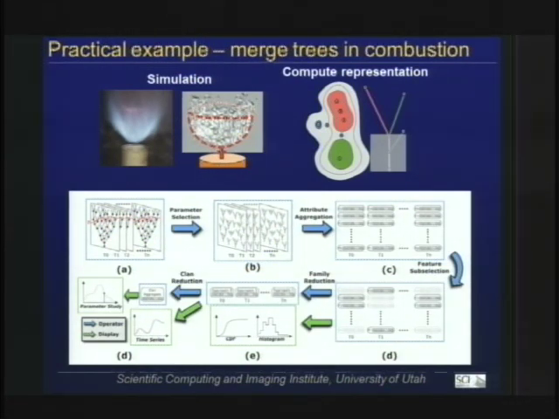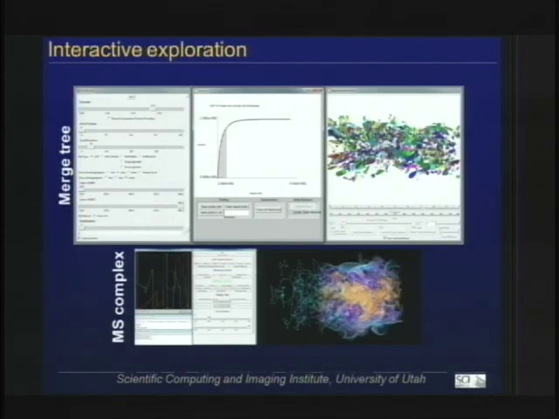Then by doing parameter selection, you can pick subsets of this tree and start aggregating those in a certain way, combining entries from your database, combining statistics, and so on. And you can get pretty cool analysis.